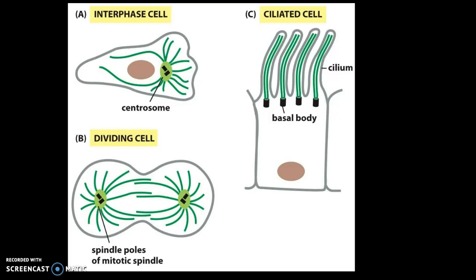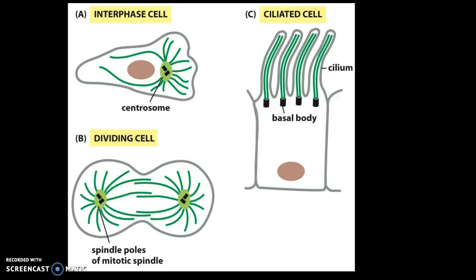But they're also really important in dividing cells. They are what creates the spindle that gives the motive force for the separation of chromosomes at anaphase, and actually aligns the chromosomes at metaphase. And so they're going to be really important in the dividing cells. And then they're also important in the movement of cilia and flagella.